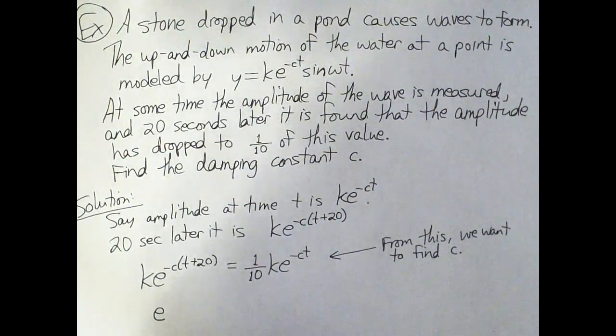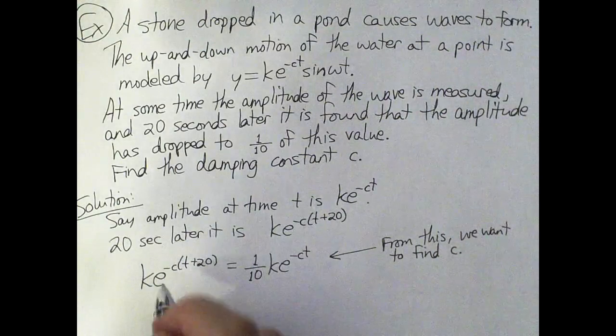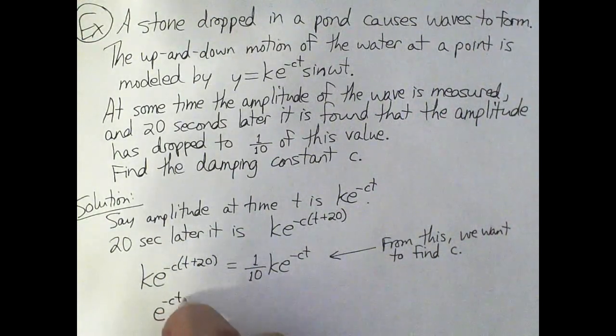And while I'm at it, I'm going to distribute this stuff that's in the parentheses, like negative C times parentheses. Let's make it negative CT minus 20C.